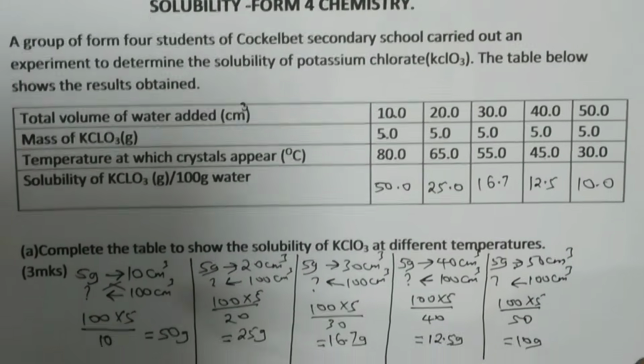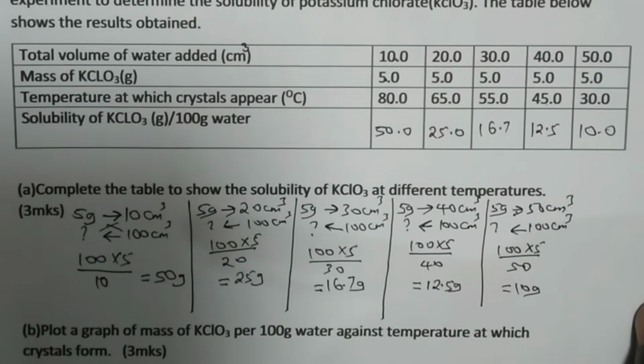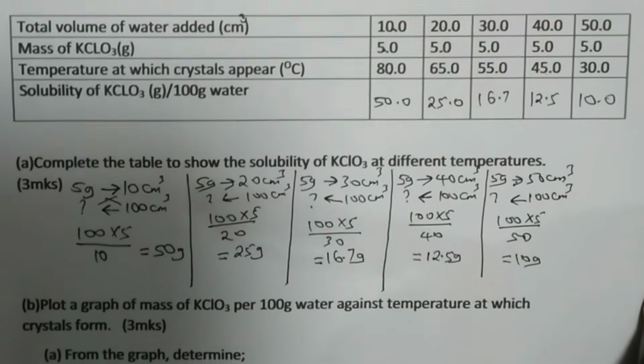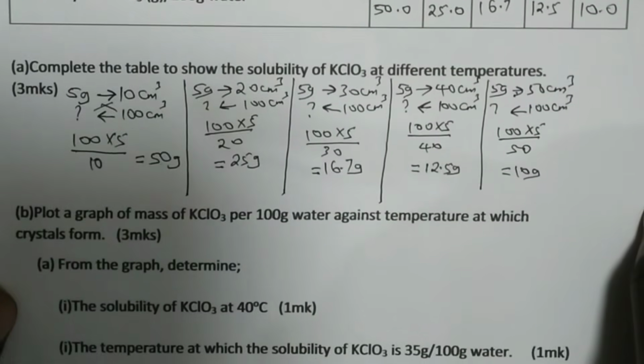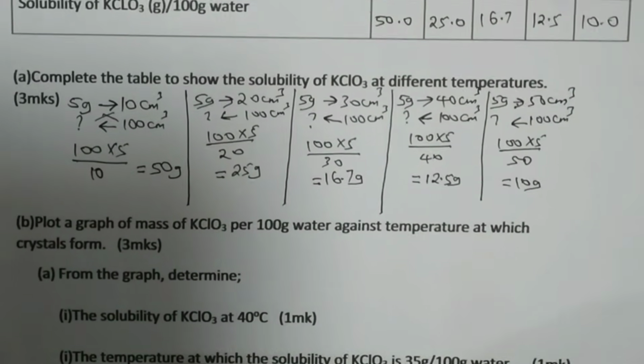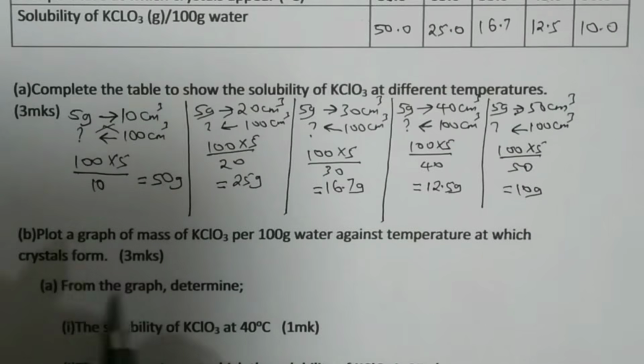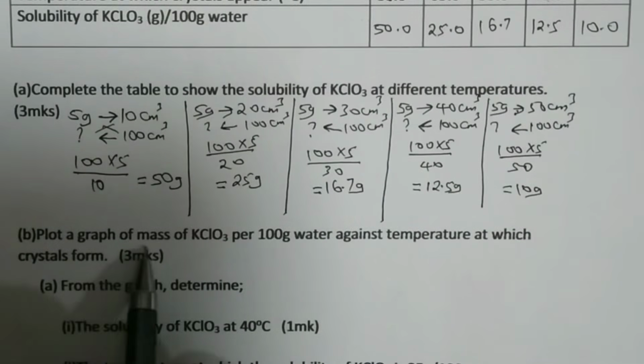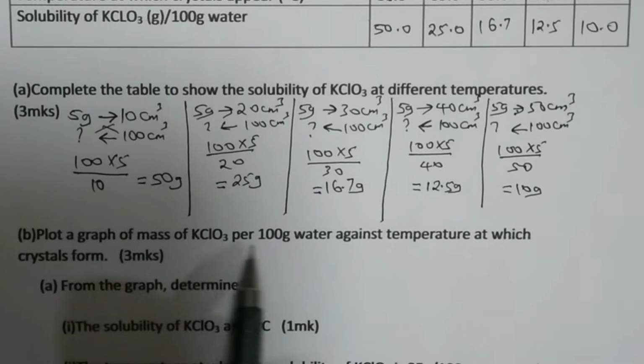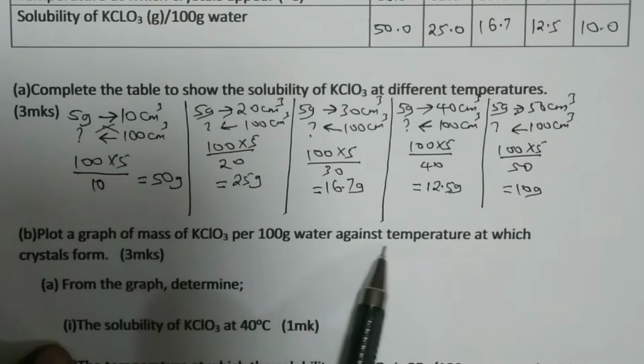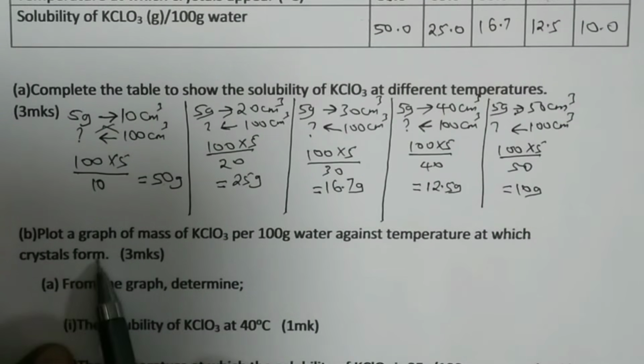We move to part B. And part B is where we are supposed to plot a graph of mass of potassium chlorate per 100 grams of water against temperature at which crystals form.